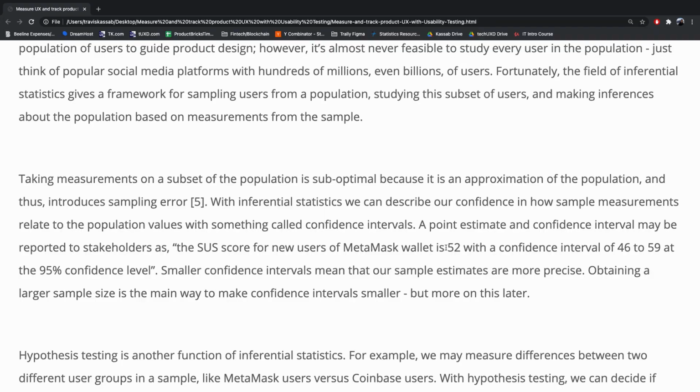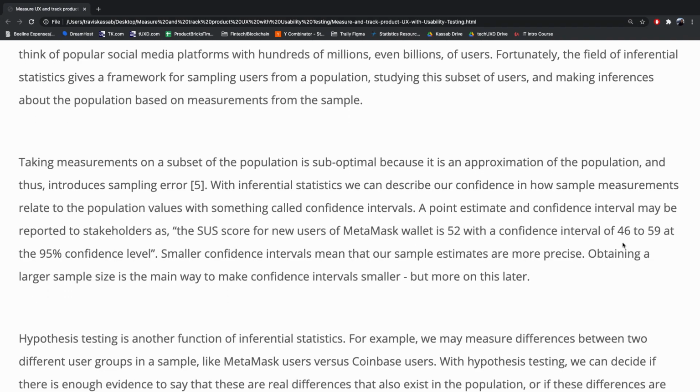We can calculate something called confidence intervals where, for example, the SUS score for MetaMask is 52, and we calculated the confidence interval to be between 46 and 59, right? So this gives us a level of precision when we're presenting the sample measurements back to stakeholders.